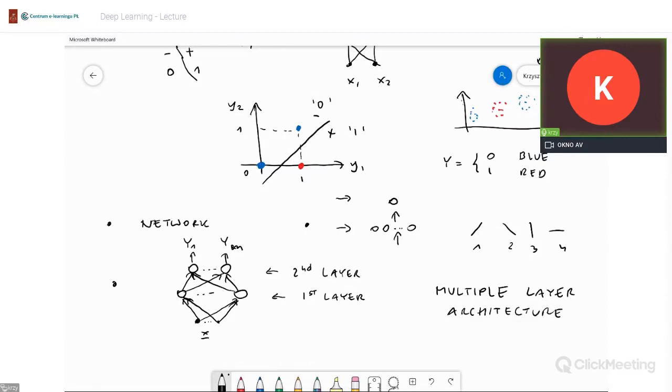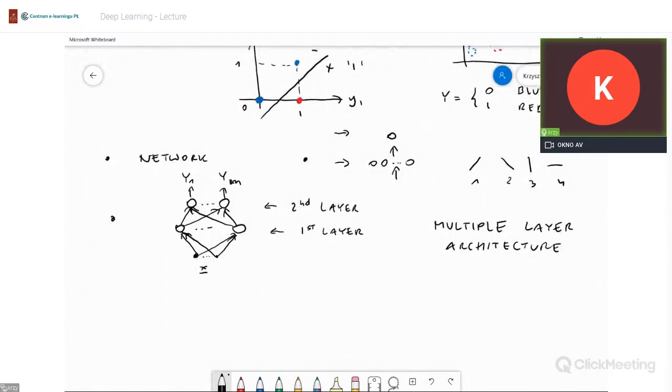Now, this multiple layer architecture, right now a 2-layer architecture, has one more property, and this property is that data or information flow is from the bottom to the top. So my input will be analyzed by the first neuron in the first layer, and at the same time, in parallel, it will be analyzed by the second neuron in this first layer, up to the last neuron in this first layer.